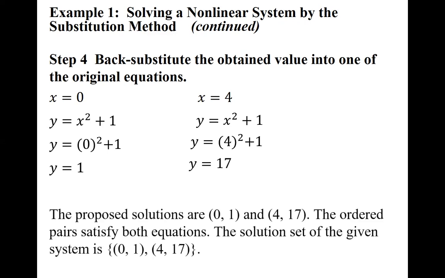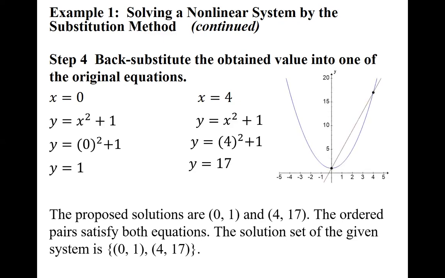Thus, the points (0, 1) and (4, 17) are our proposed solutions. If we check, they do satisfy both equations. Our solution set is the set containing both of those points. Graphically, this is a line and a parabola. 2 points of intersection.